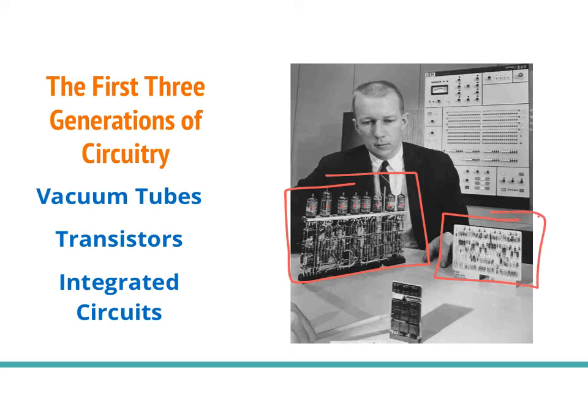This particular block right here has a lot more on and off switches, and it's taking up a lot less space. And then finally, in the third generation of computers, we put hundreds of transistors onto this integrated circuit, which is just a silicon chip. So you can see how we've gotten smaller and smaller and smaller, which ultimately has led to computers being things that we can carry around in our own hands.